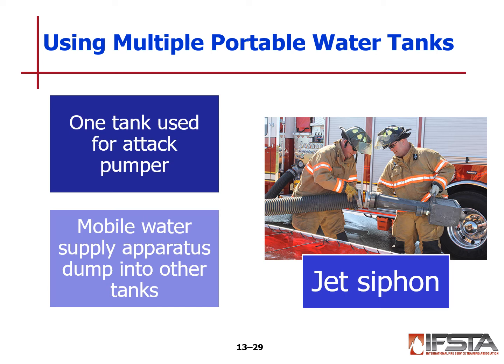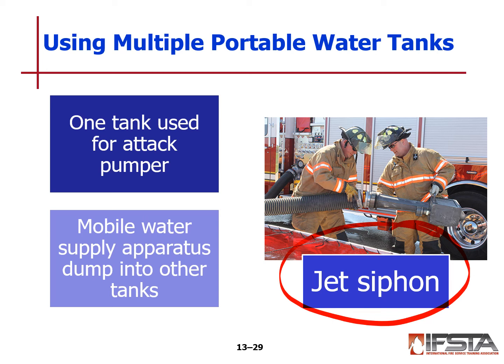You can use multiple portable tanks in tandem. One tank is used for the attack pumper, then the other tank can be used to dump in, and basically you jet siphon from tank to tank. And the mobile water supply apparatus again dumps into the other tanks. When we jet siphon, they make a specific device that you can hook a hose line up to, and basically when you start moving water, it siphons it.